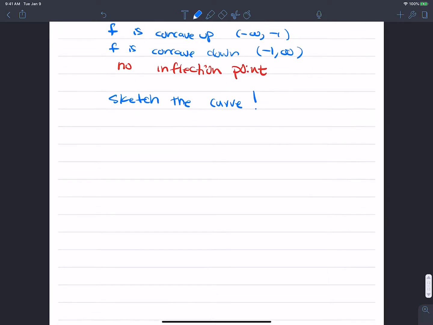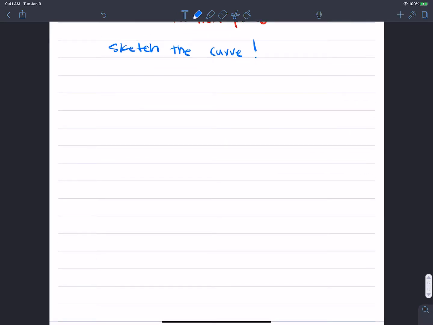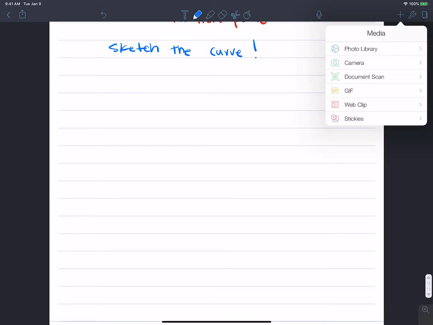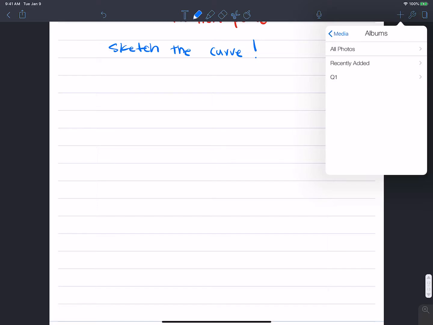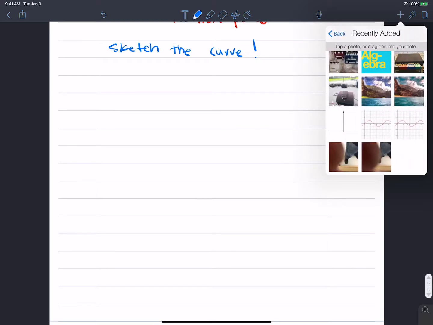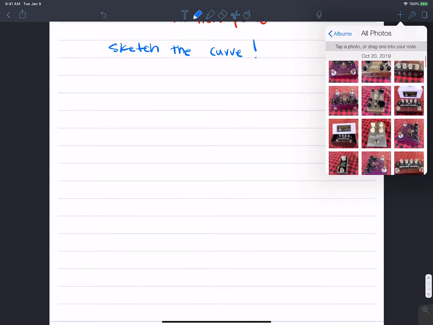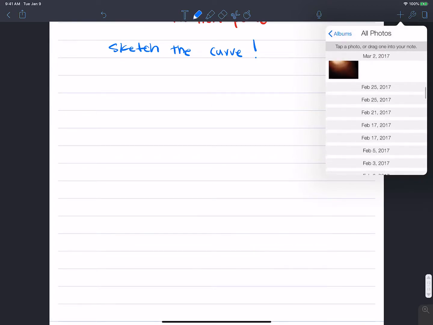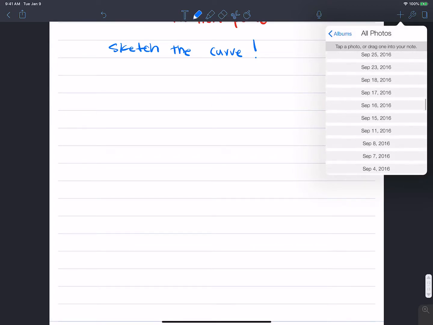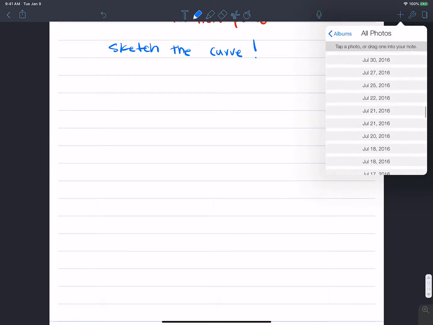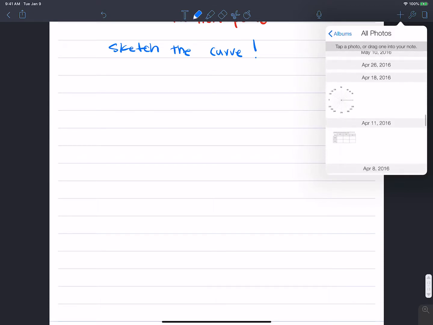So, let's try to sketch this curve. And let's see if I can find what I'm looking for. Photo library. Boy, look at this. Where is my graph paper?